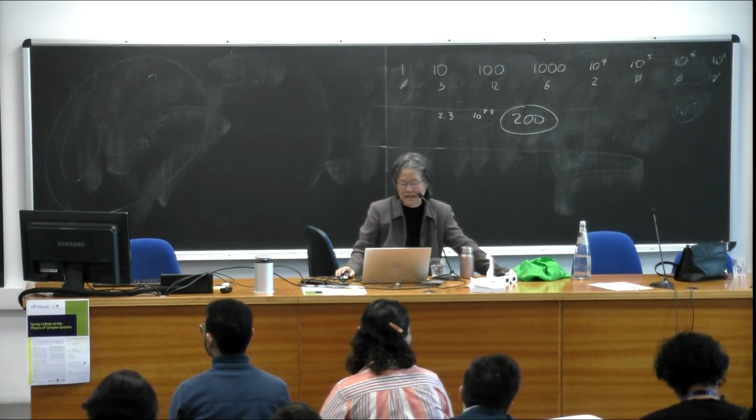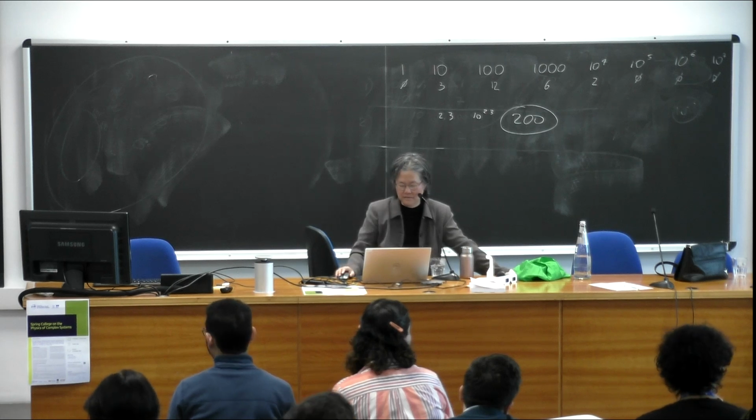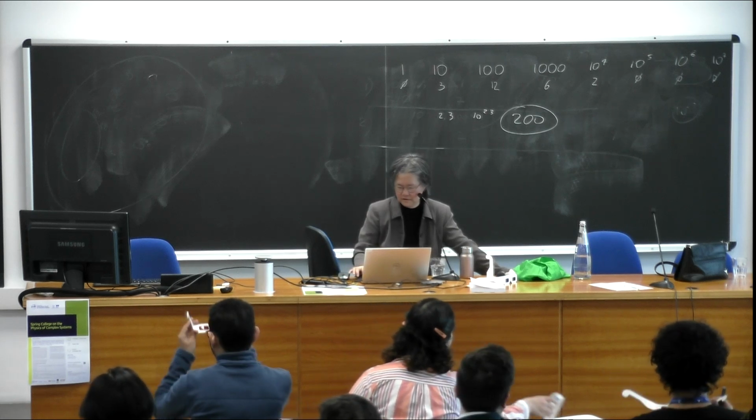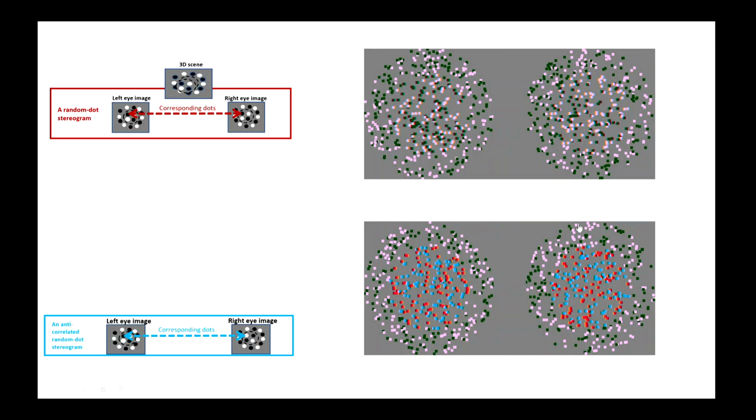Do you like to see that? Put on your glasses. When you look at the bottom one, you cannot tell whether this disk is in front or behind. Do you see that? If you put the blue one on your right eye, you should see this is in front.